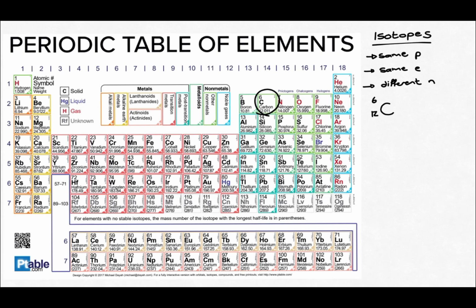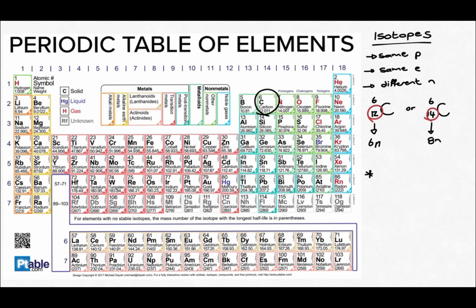But if we look at one of carbon's isotopes, it will also have an atomic number or proton number of 6, but it will have a different mass number. In this case, it has a mass number of 14. This shows that carbon 12 will have 6 neutrons, whereas carbon 14 will have 8 neutrons. So it will have different neutrons.